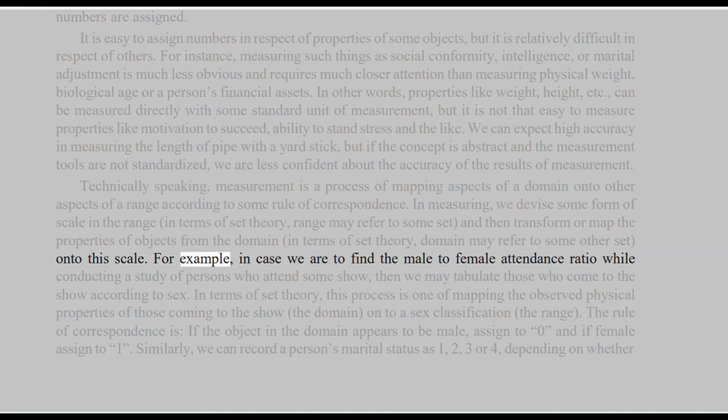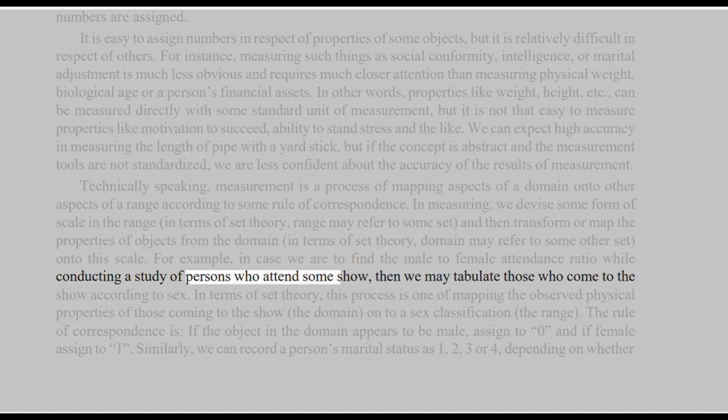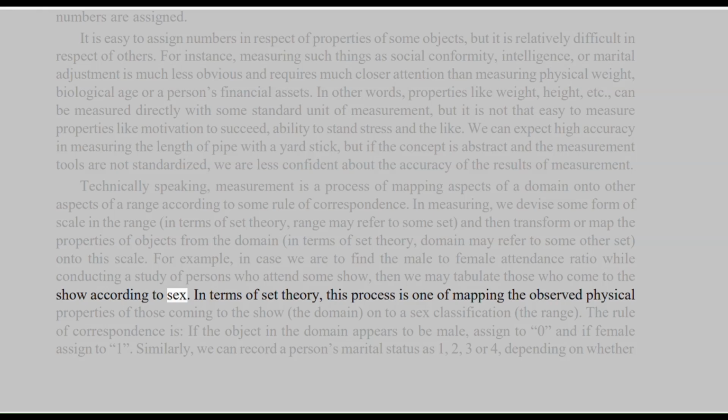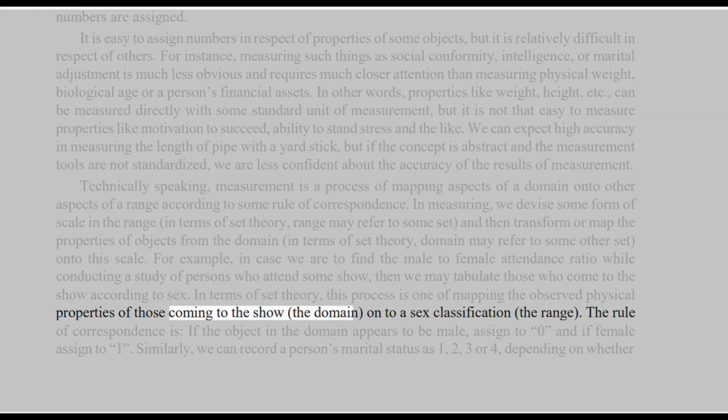For example, in case we are to find the male to female attendance ratio while conducting a study of persons who attend some show, then we may tabulate those who come to the show according to sex. In terms of set theory, this process is one of mapping the observed physical properties of those coming to the show, the domain, onto a sex classification, the range.